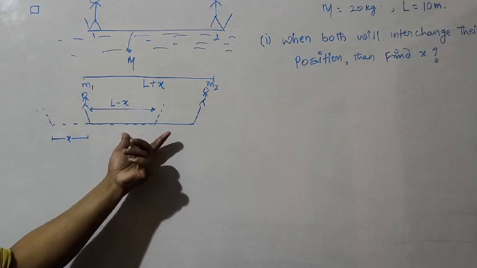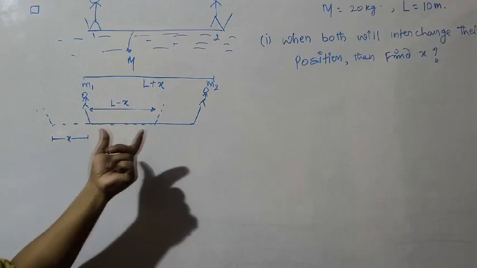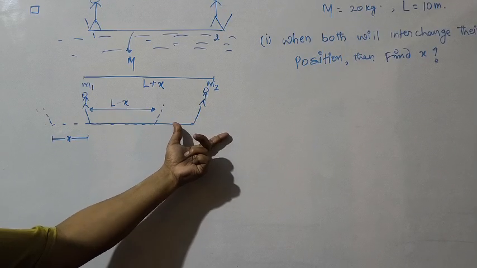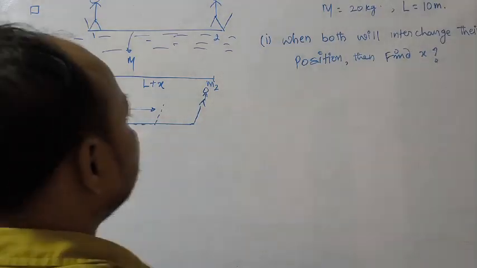So see, the boat is moving backward, and this man is moving backward. So backward terms will be on one side and forward direction on the other side of the equality.